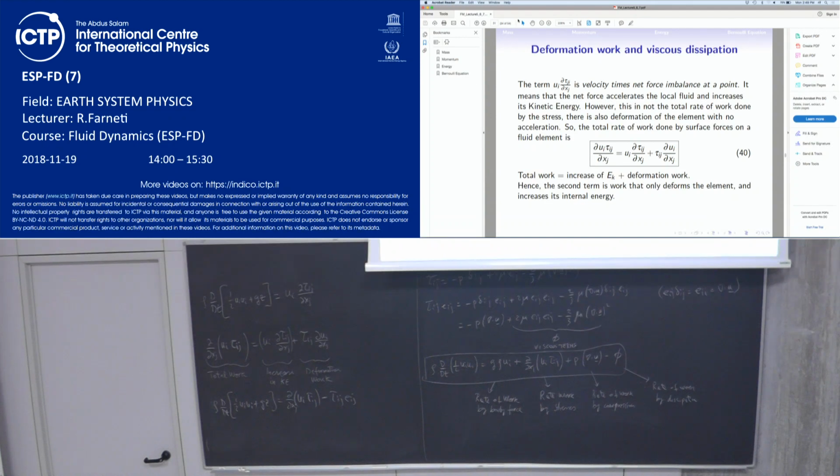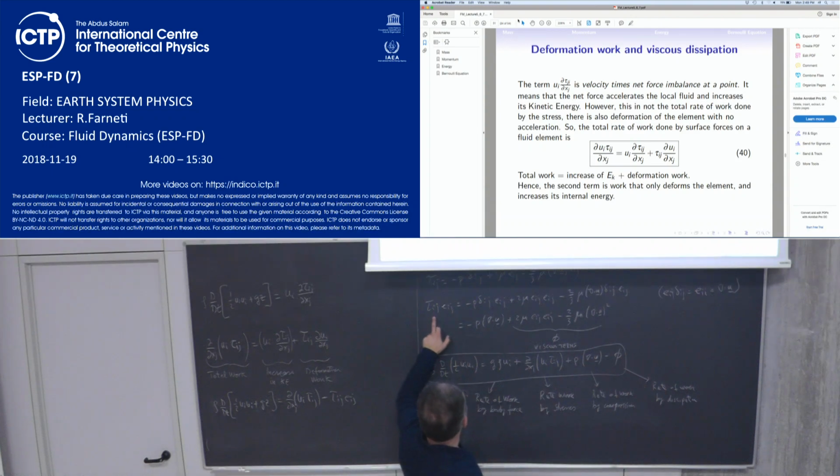So you can decompose that term as the total rate of work equal to that term, the term that accelerates and increases the kinetic energy of the fluid, plus a second term, which is not accelerating the element of fluid, but it's a deformation work.